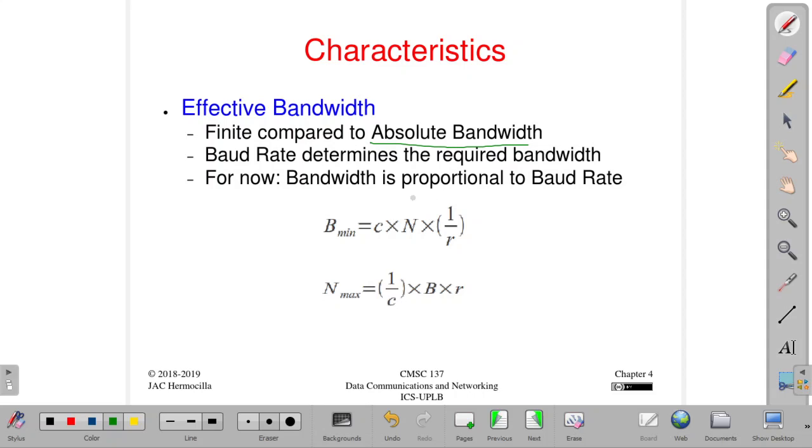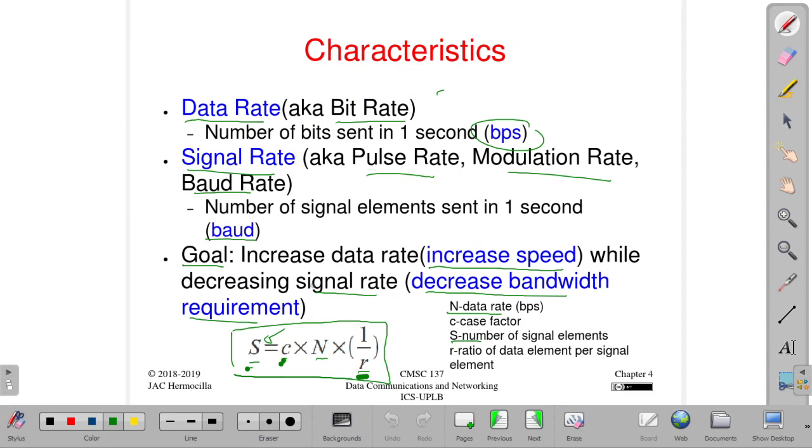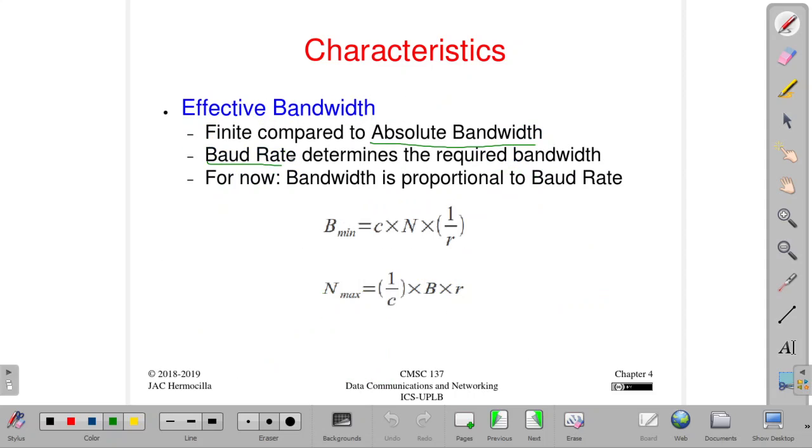Now here, when we discuss encoding techniques, it is actually the baud rate, the number of signal elements sent in 1 second, which determines the required bandwidth. So we can say that the bandwidth is proportional to the baud rate, meaning if we have a high baud rate, then it will require a higher bandwidth.